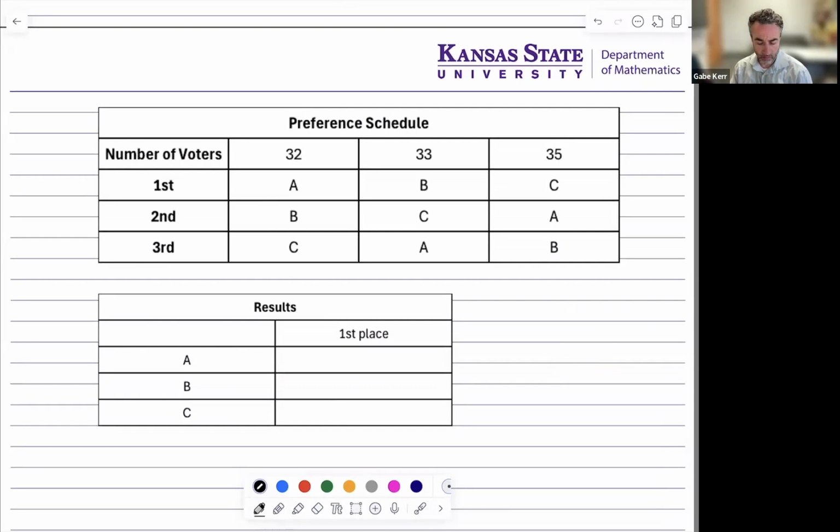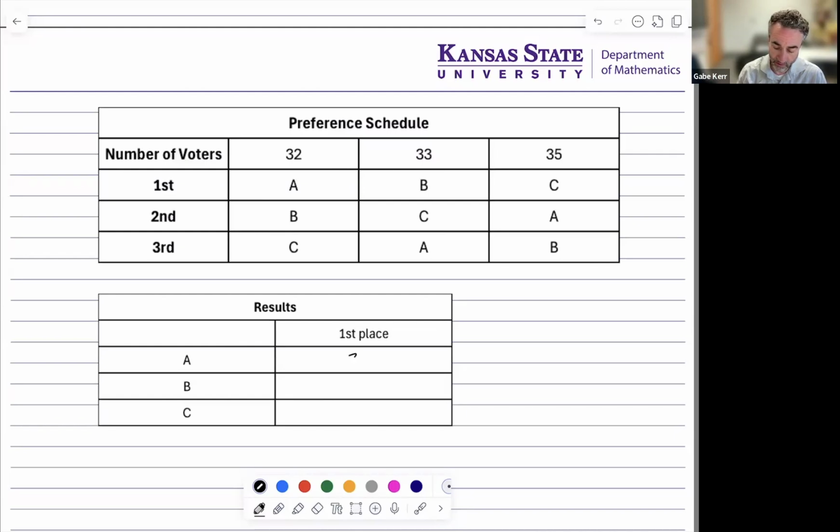And this example is just one that I cooked up. So let's see what happens here. So first, let's look at the plurality method and count the first place votes. So here it's quite easy because each candidate has only one preference ballot in which they are the first place candidate.